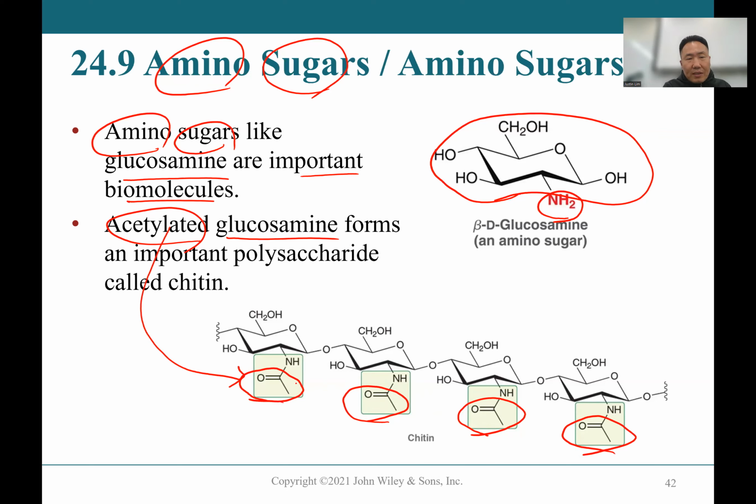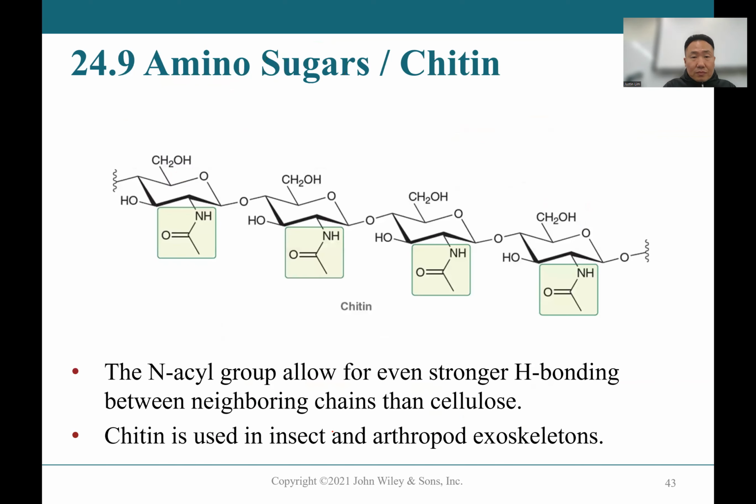And glucosamine forms an important polysaccharide called chitin. This is chitin. And acetyl groups allow for even stronger hydrogen bonding between neighboring chains than in cellulose.